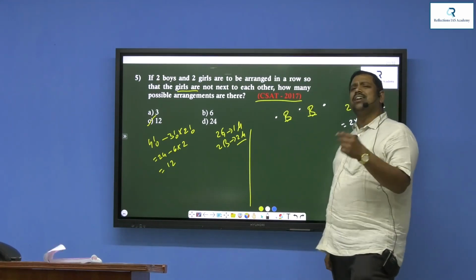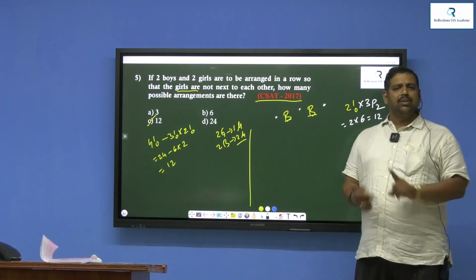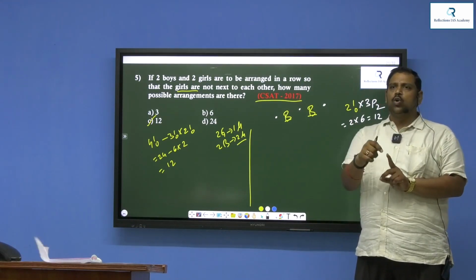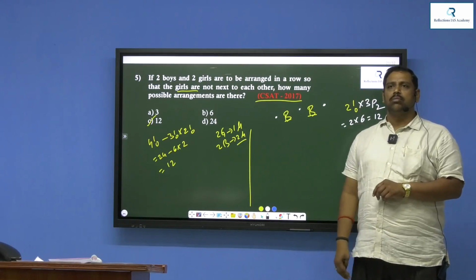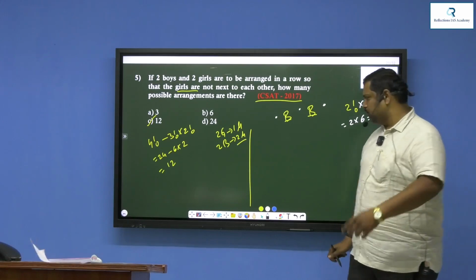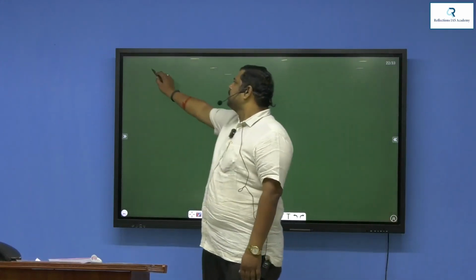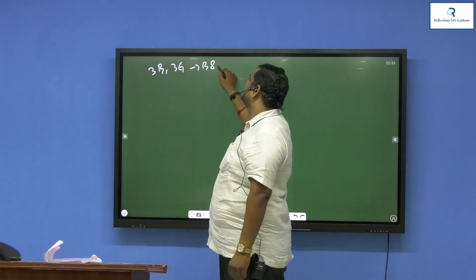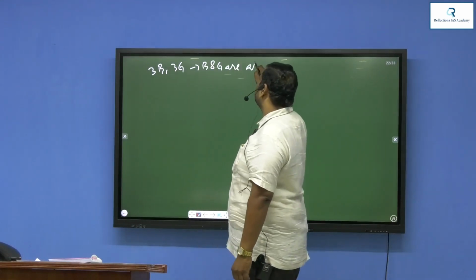If suppose boys and girls are alternate to each other, then observe one point: start the problem with the ones who are less in count. Who are less in count, then it will be easy for you. I will explain you that problem also. Listen carefully. Suppose 3 boys and 3 girls are there. Boys and girls are alternate to each other.